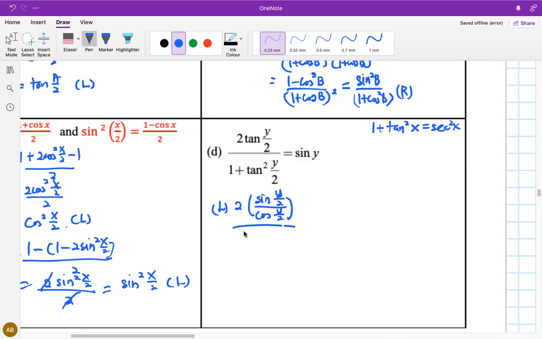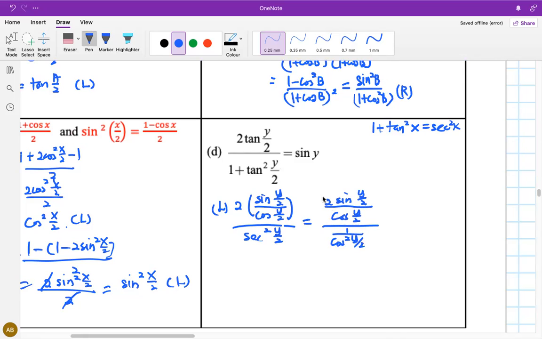So we can use this property. So 1 plus tangent square y over 2 is actually secant square y over 2. So what is secant square y over 2? If we rewrite this, it is 2 sine y over 2 over cos y over 2, then over 1 over cos square y over 2.